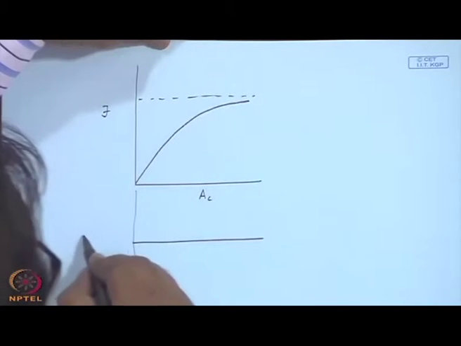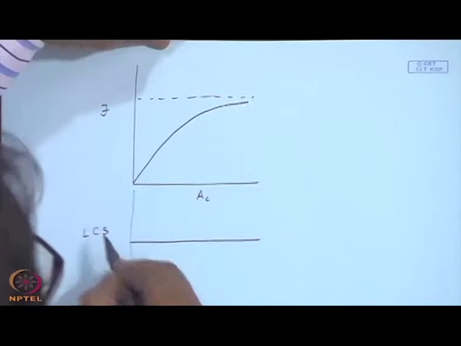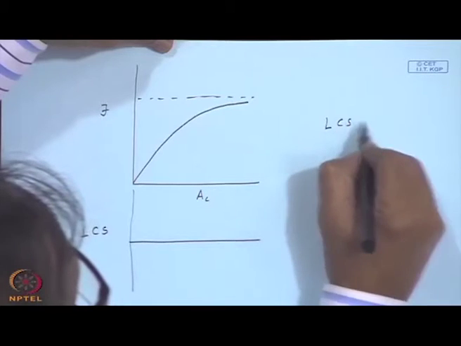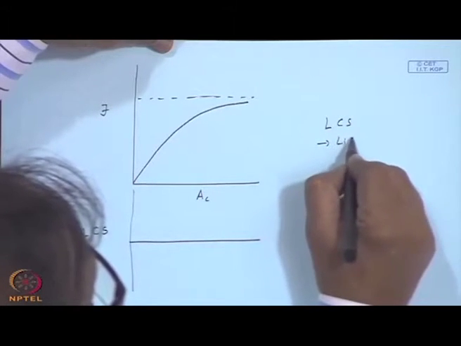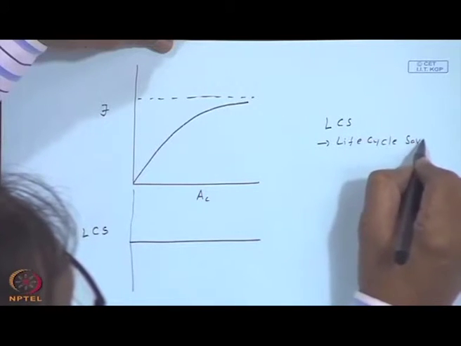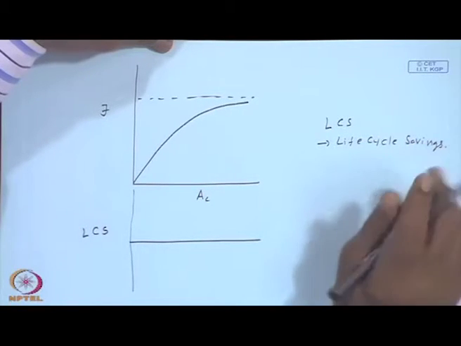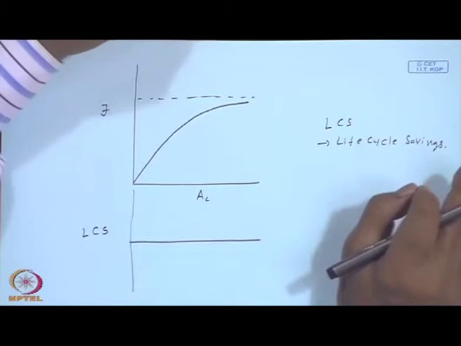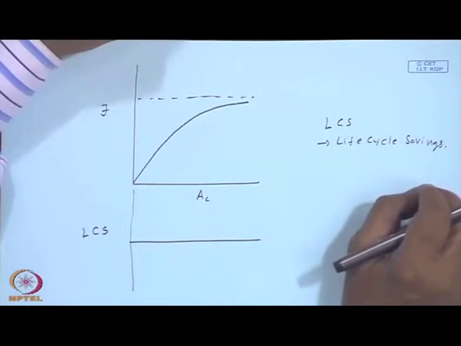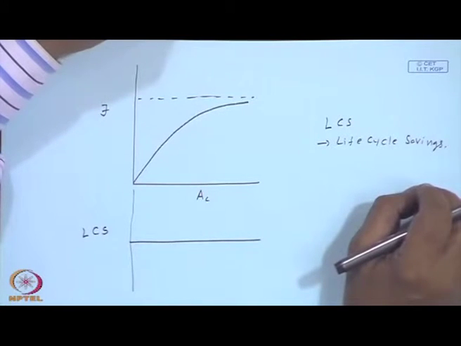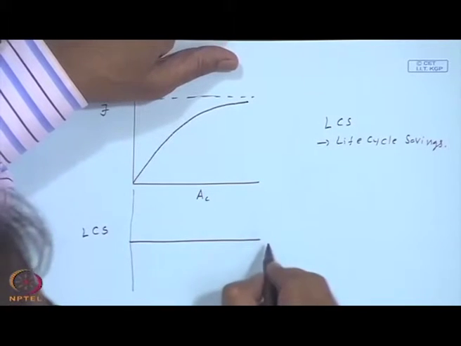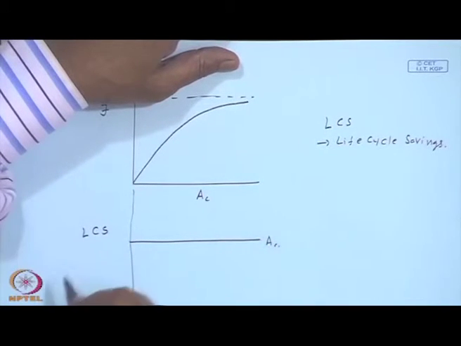I will call this ordinate as LCS, which is life cycle savings. In simple terms, this is the amount of money that the solar energy is going to save in its lifetime. It may be 10 years, it may be 15 years, it may be 20 years, whatever the life is, and this is the area AC.